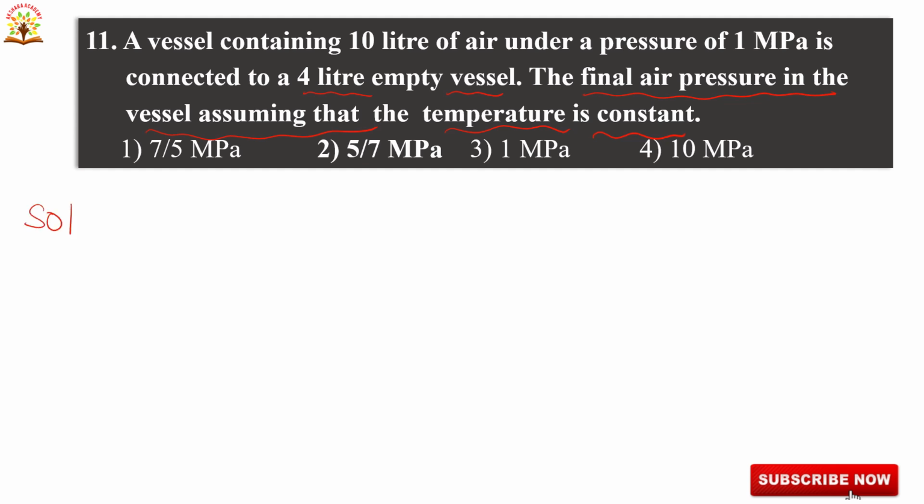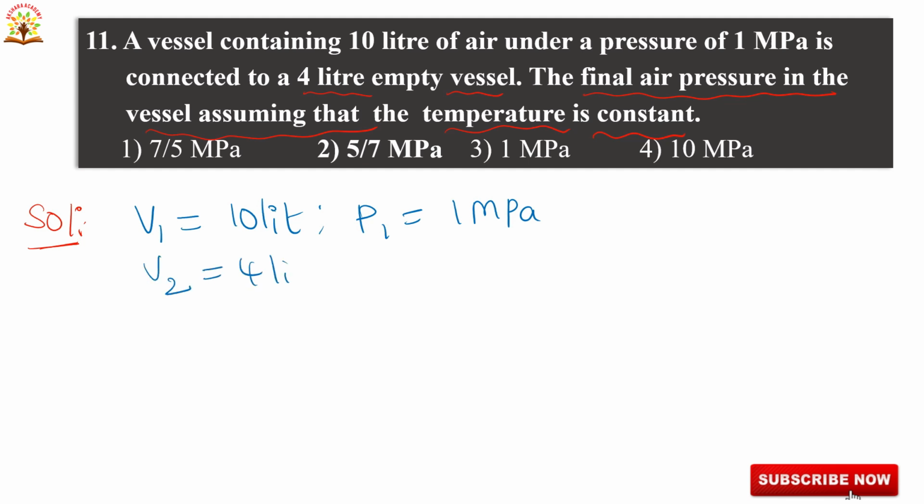Now let us go to the solution. They gave V1 is equal to 10 liters and P1 is equal to 1 megapascal and V2 is equal to 4 liters. P2 is equal to 0.